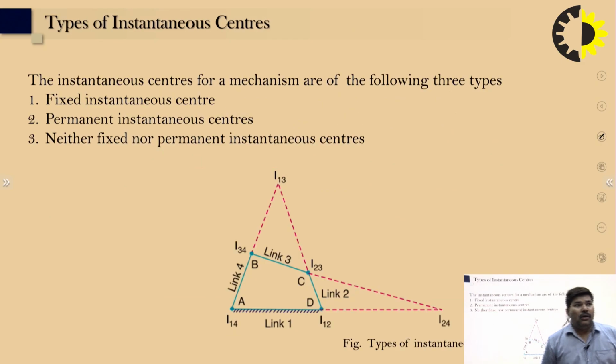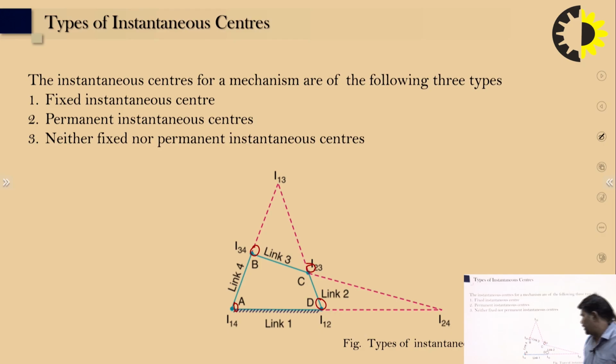But if you represent a 4-bar chain, 6 centers are there, but you can see here that there are only 4 joints. So how can we find them? There are 3 types of instantaneous centers. One is fixed instantaneous centers, second is permanent instantaneous centers, and third is neither fixed nor permanent instantaneous centers. Those that are fixed are connected to the fixed link.